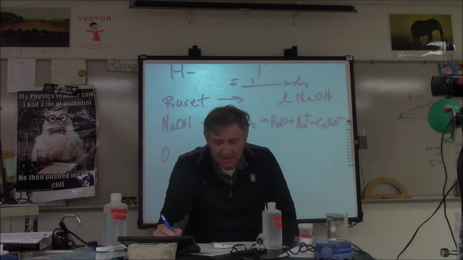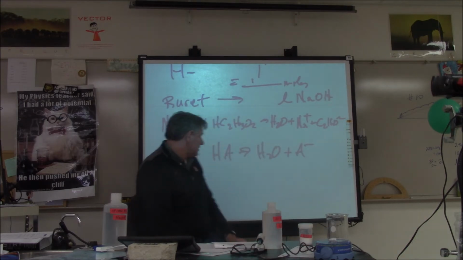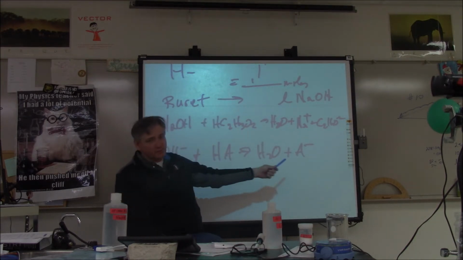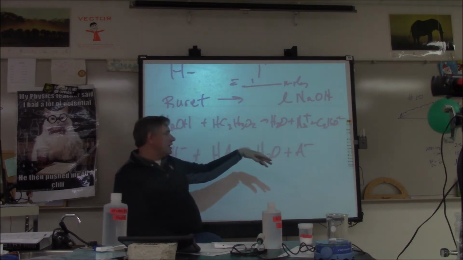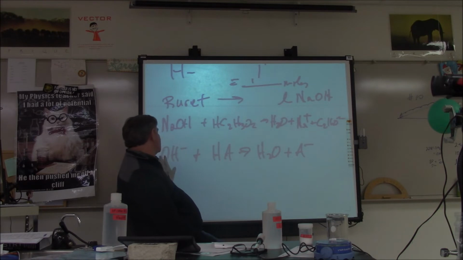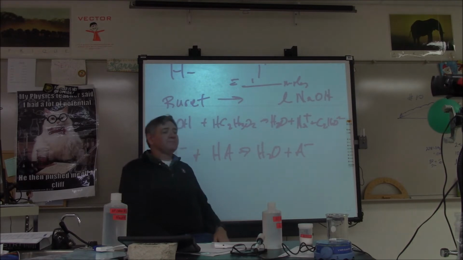The net ionic equation is going to be hydroxide plus that acid yielding water and the anion. This is the heart and soul of what we're worried about. I don't care about the sodium. It's a spectator ion, okay? I could care less. Now again, here's what's important. This is a 1-to-1 ratio.